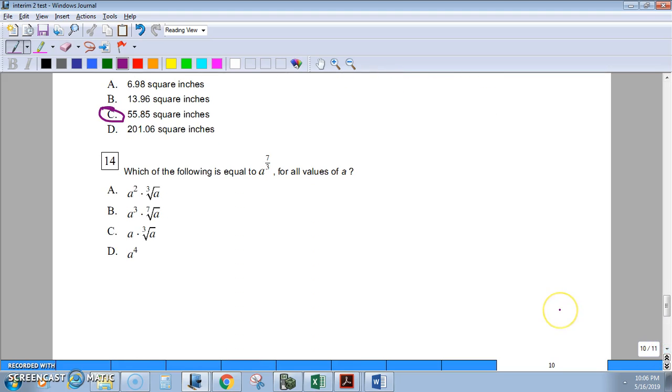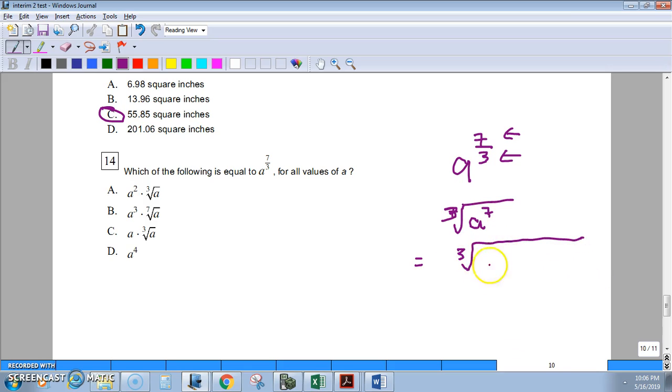All right, you guys. The important thing to remember about this is if I have a to the 7/3, the 3 is my root, the 7 is my exponent. Oh, I'm sorry, 3 is my root. I hope I said that. It's kind of late. 3 is my root, 7 is my exponent, so I have the cubed root of a to the 7th power. But more importantly, that means I have the cubed root of 7 a's.